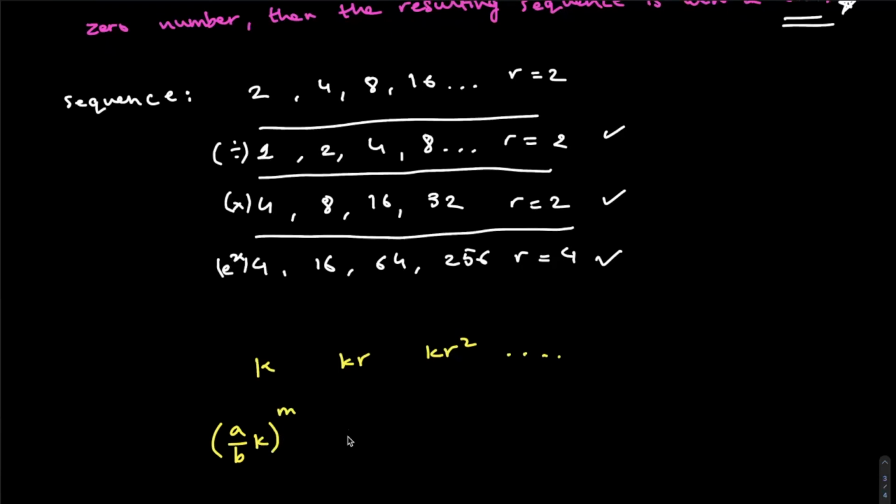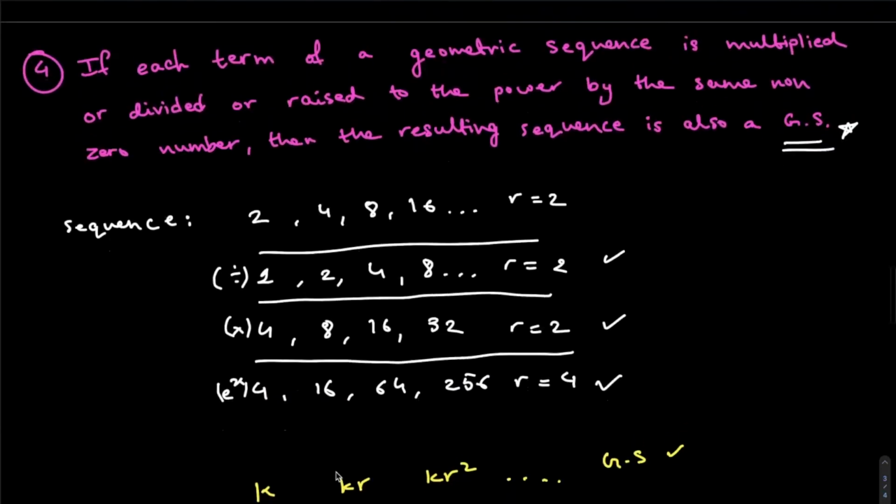And same thing here, so a b kr raised to the power m, a b kr raised to the power m. Geometric sequence and geometric sequence. That's all good. This was property number 4.